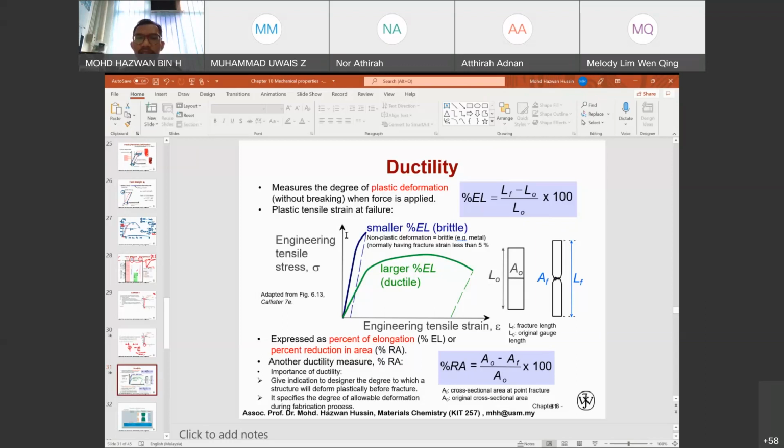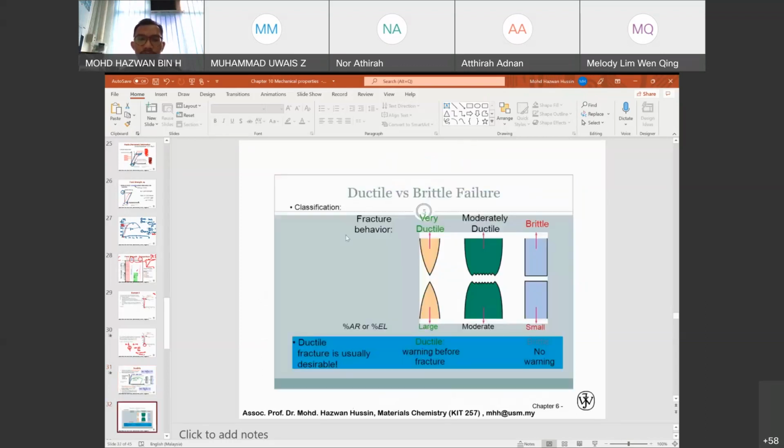For ductile and brittle fracture, very ductile samples like plastic and others will have quite a sharp fracture end. Meanwhile, a brittle sample is going to be flat, or mostly like a crack.